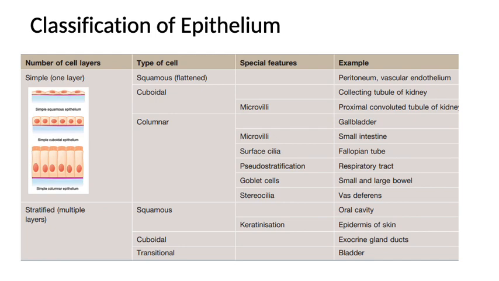Classification of epithelium, another important part in epithelium. The epithelium can be a single layer, then it is known as simple epithelium. This simple epithelium, depending upon the type of cell, is again classified as squamous epithelium, which is flattened. If the cells are cuboidal in shape, then it is cuboidal epithelium. If the cells are columnar, it is known as columnar epithelium.